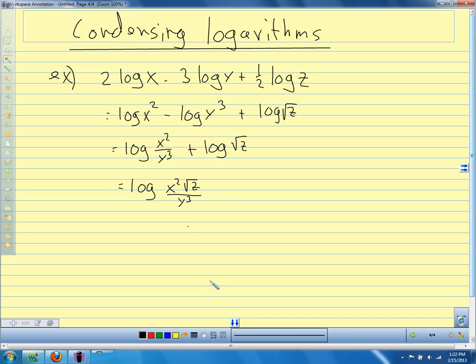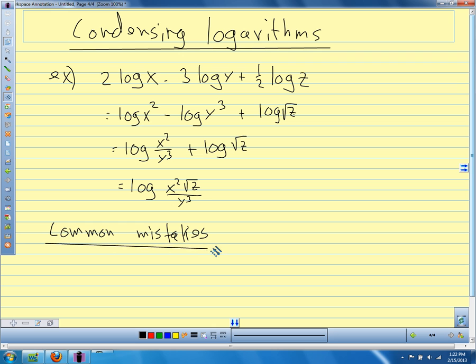All right, let me give you some common mistakes that I don't want you to make. So common mistakes, and we talked about these a little bit with trigonometric functions also.